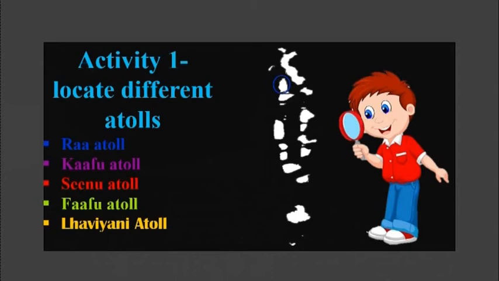Yes, we will use the purple color. Good. And where is Sin Atoll? Yes, it's in the south. We will circle this with red color. And we will color or circle Faf Atoll in green color. And for Lavin Atoll, we will use yellow color. Yes, very good.